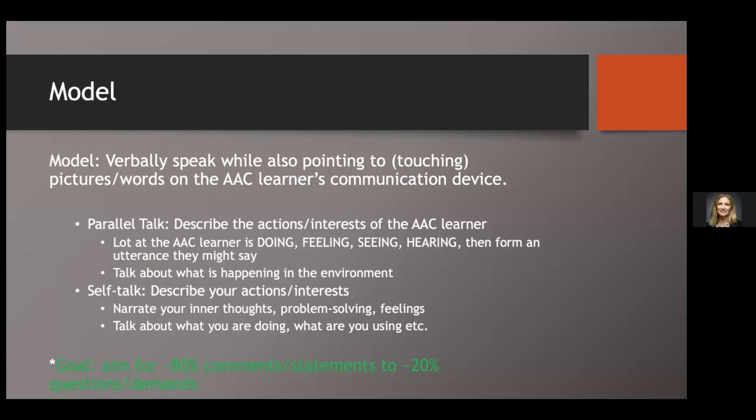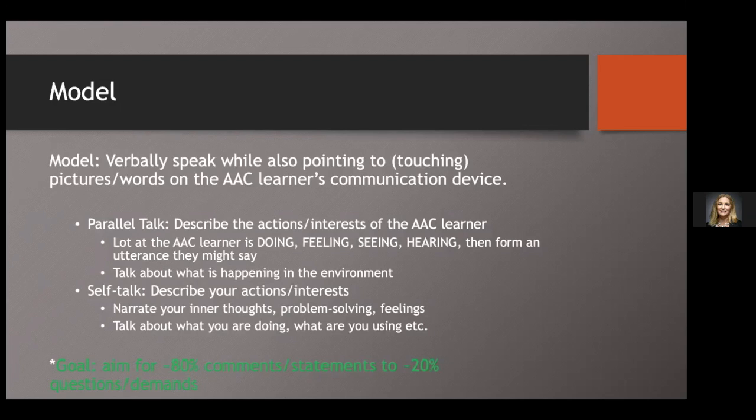It seems like we're testing the kids. And it's really important to note that this is not a test. We're not quizzing the kids when we are using the AAC device.